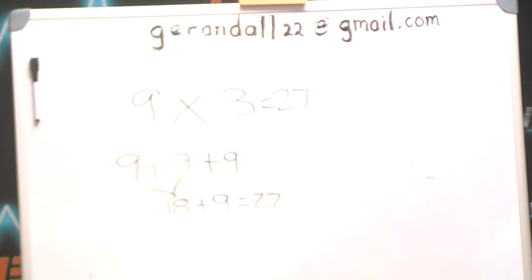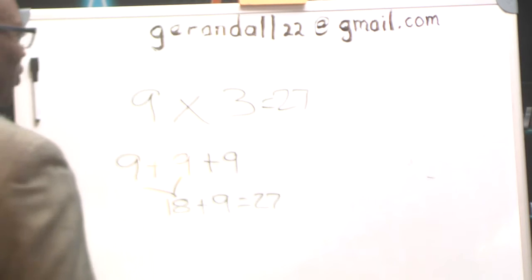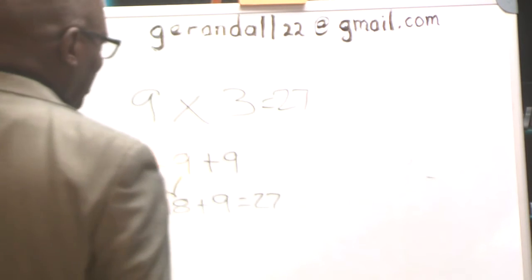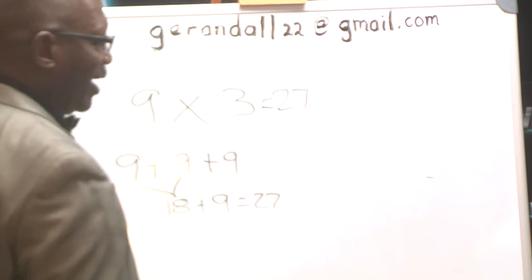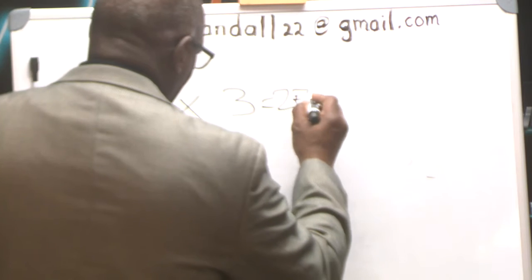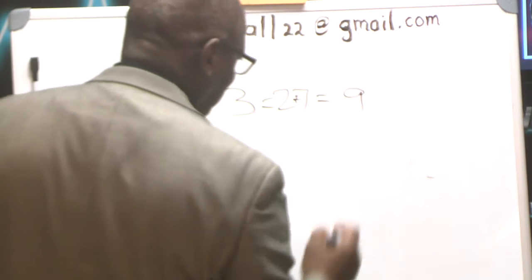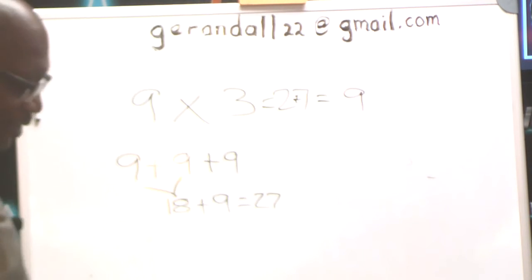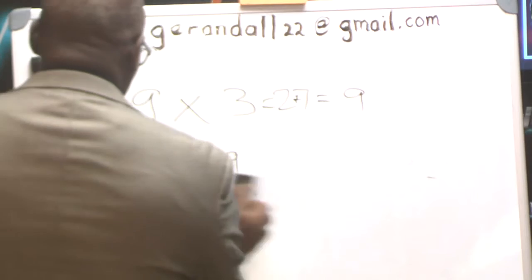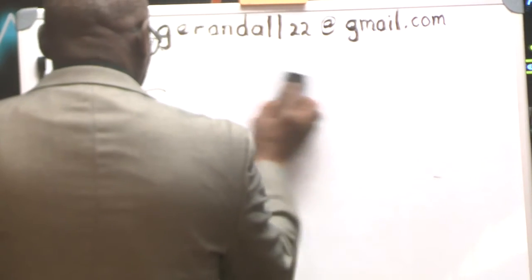But guess what else? When you're multiplying nines, your final answer should add up to 9. You don't believe me? Let's look at the timetables.